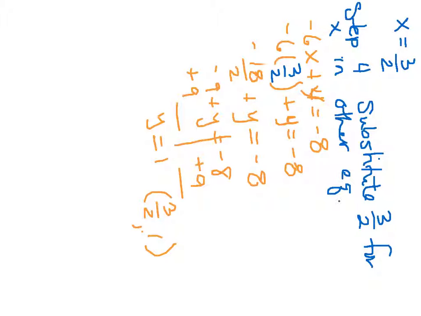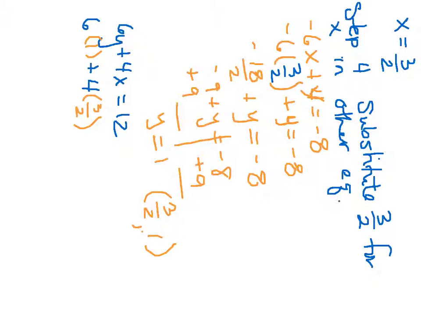The other equation was 6y plus 4x is equal to 12. So let's make that substitution. That gives us 6 times 1 plus 4 times 3/2 is equal to 12.